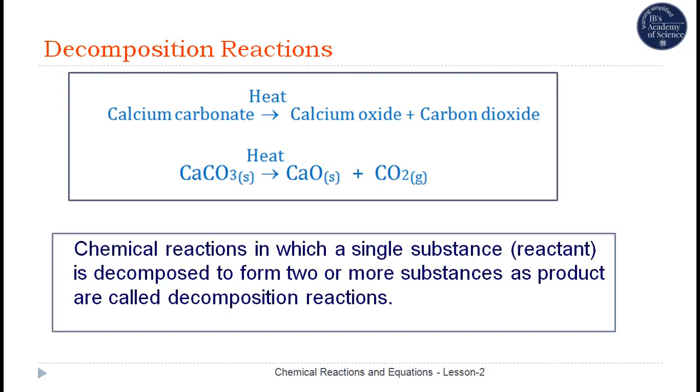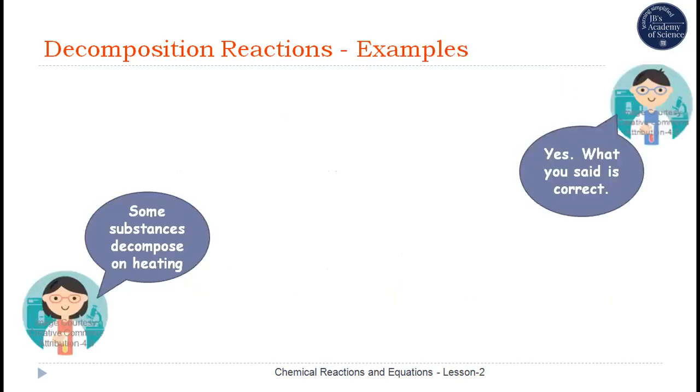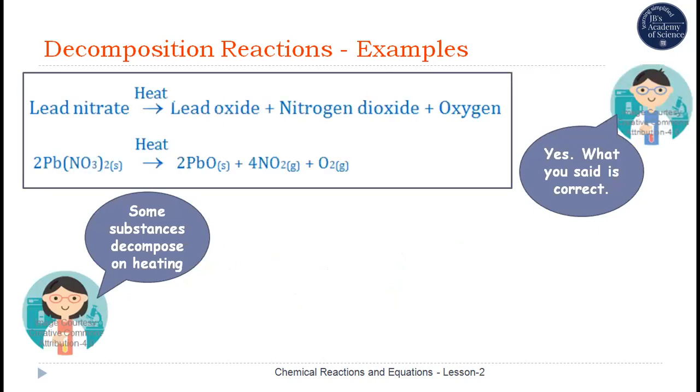So these type of reactions in which a single substance as a reactant is decomposed to form two or more substances as product are called decomposition reactions. Let us see some more examples for decomposition reactions. Lead nitrate on heating gives lead oxide plus nitrogen dioxide plus oxygen.